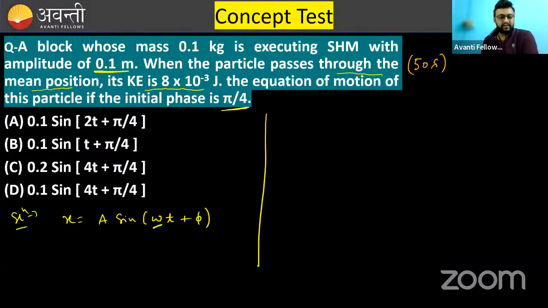I hope that D is correct. So kinetic energy at the mean position is given. You know that at mean position, kinetic energy is maximum.